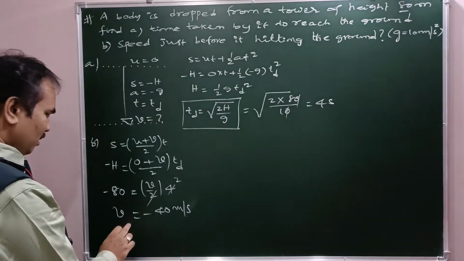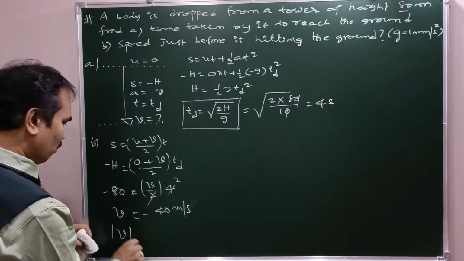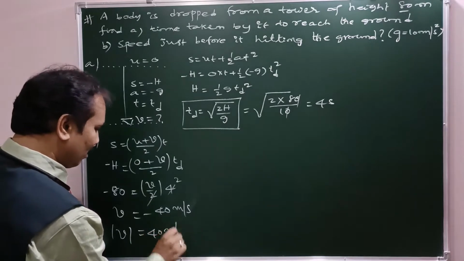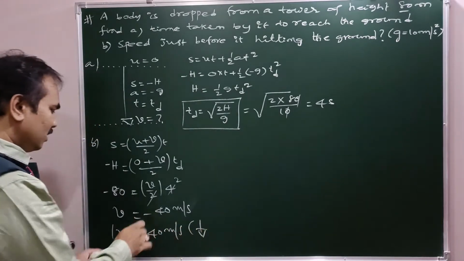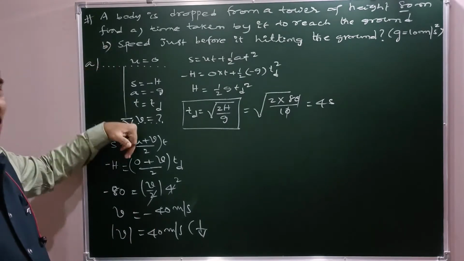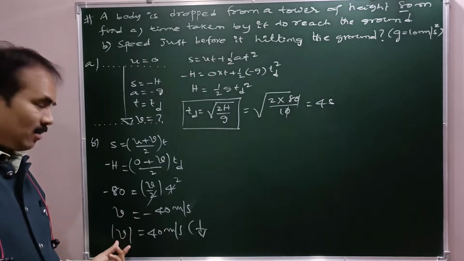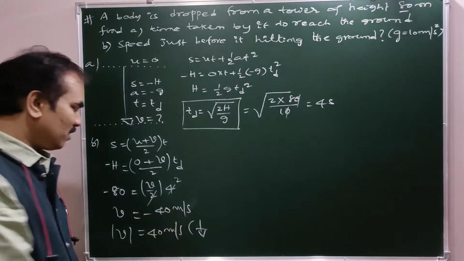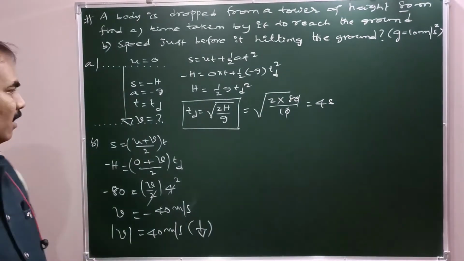That is mod v equal to 40 meter per second downwards. See here, v comes with negative sign, means the body is moving downwards. So therefore, if you take modulus, mod v equal to 40 meter per second downwards. That is the meaning. Right?